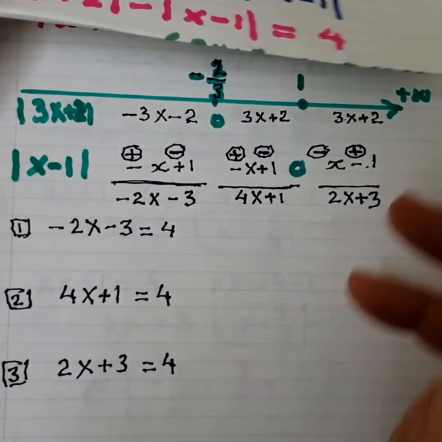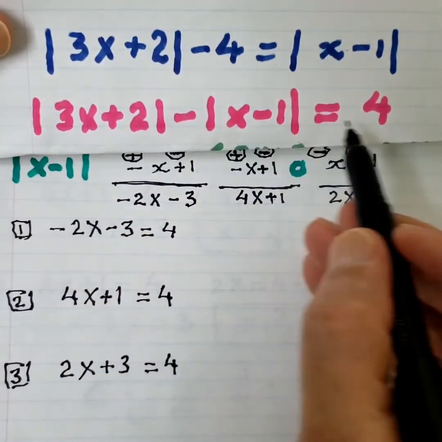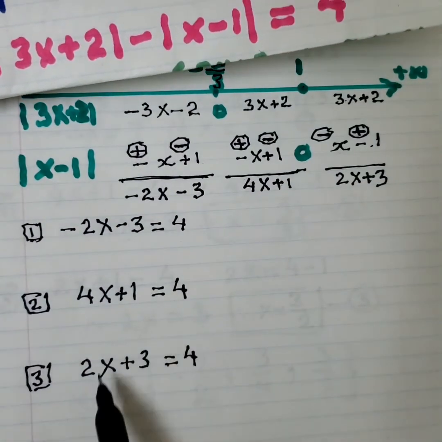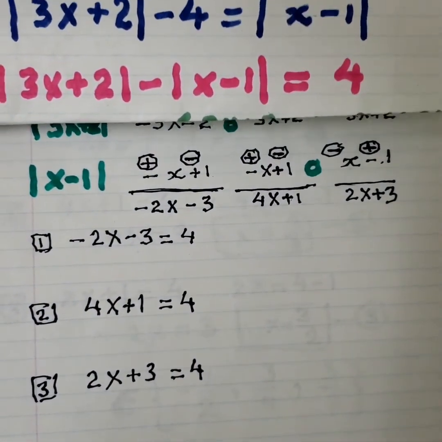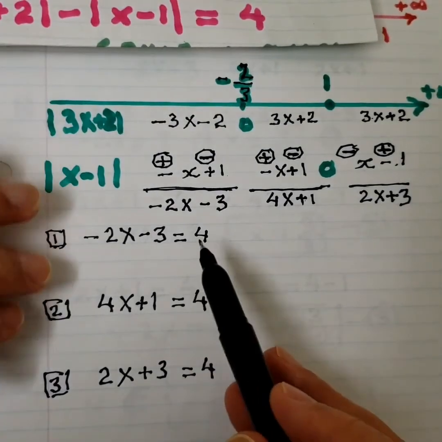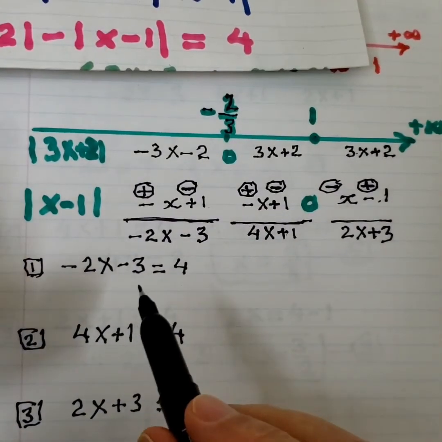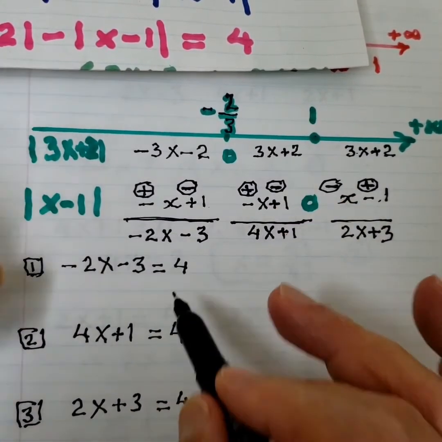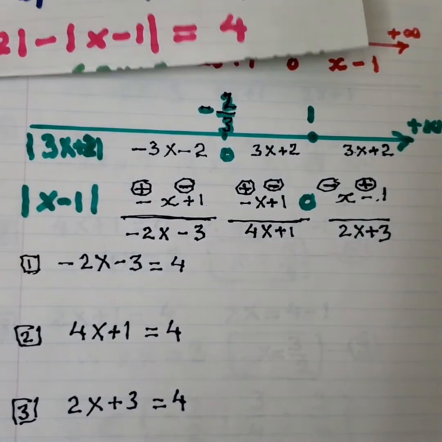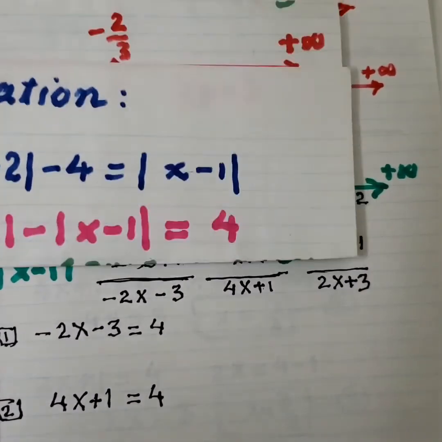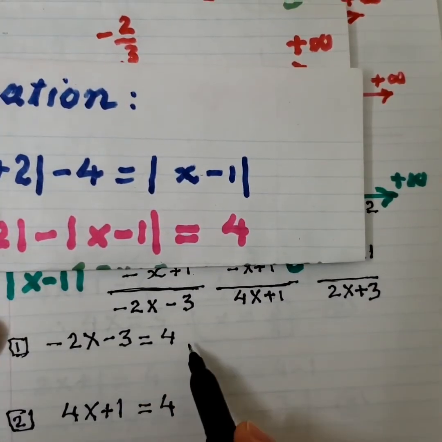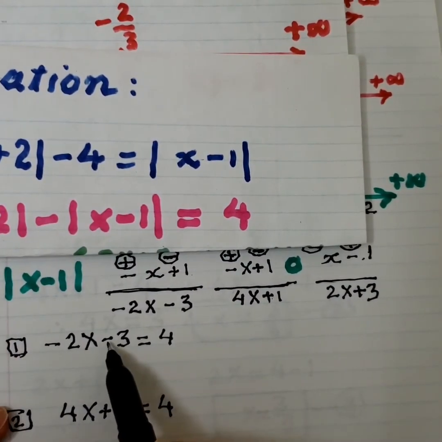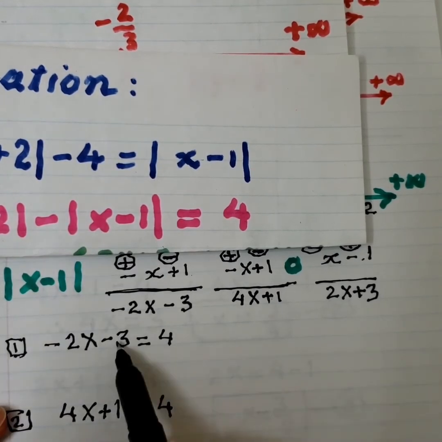That means this equation splits into three equations. And I will solve each equation of those and look for the answer. It should lie on the interval which corresponds to the rule. Look at this one. Here, just move negative 3 to the other side, it will be positive 3.